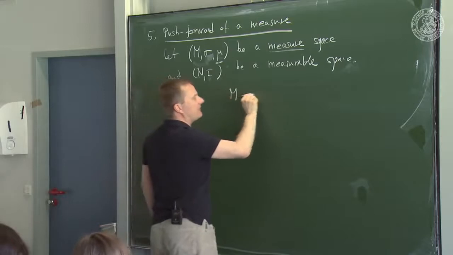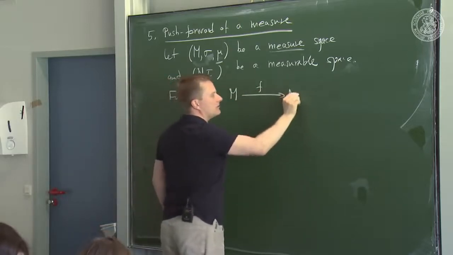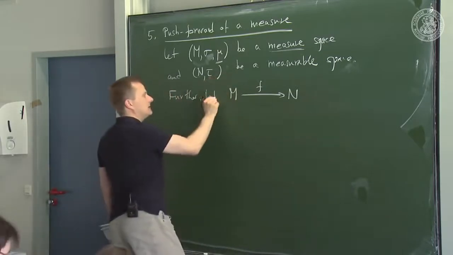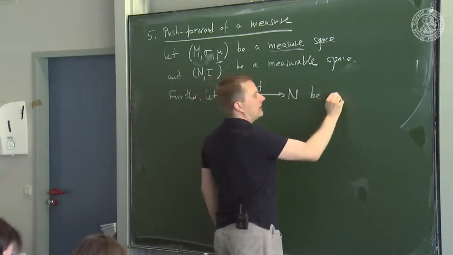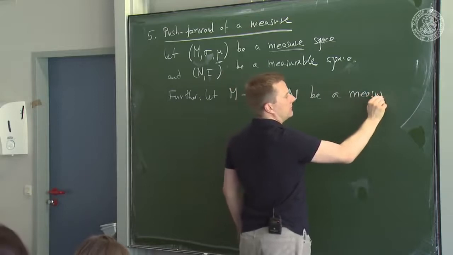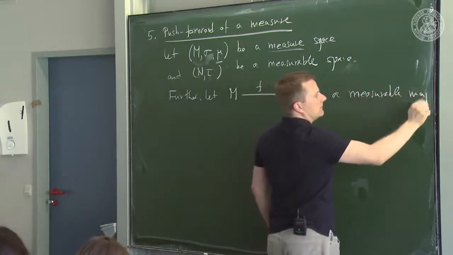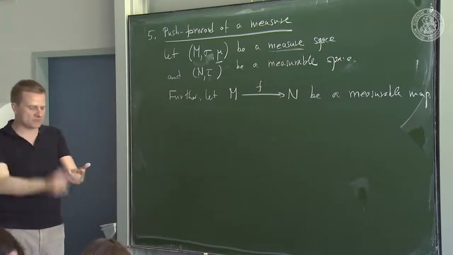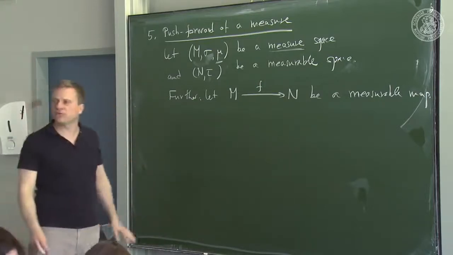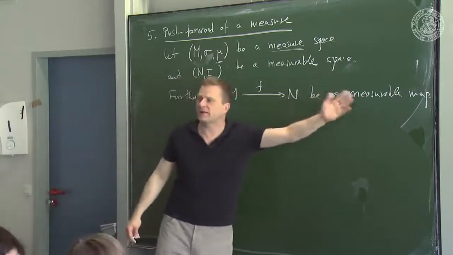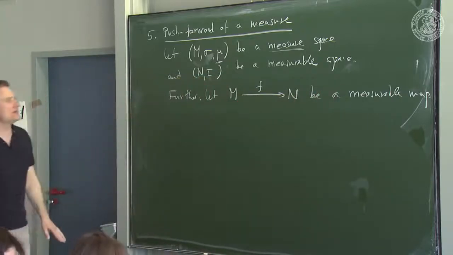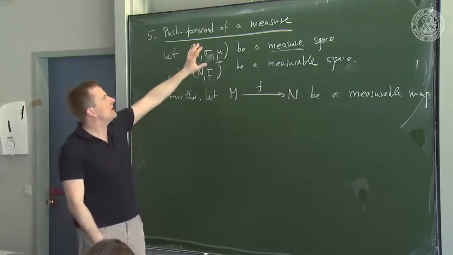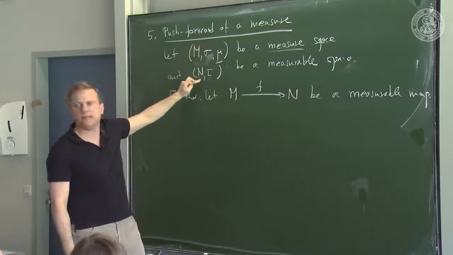Okay. So assume you have this, and further, you assume that you have a measurable map. Let F going from M to N be a measurable map. Then you have a measurable space, a measurable map. It's getting confusing, but you always have to have the right definition in mind. And so the idea is, well, F takes me from here to here.